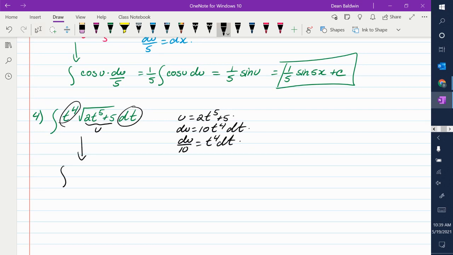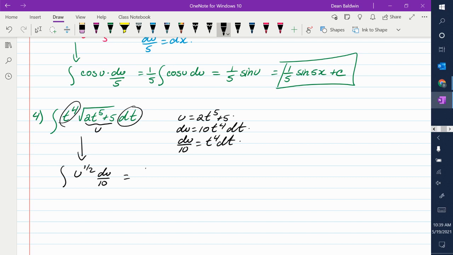So my new integral is now u. I'm going to write it as the 1/2 because it's square rooted. And t to the 4 dt is equal to du over 10. We okay?